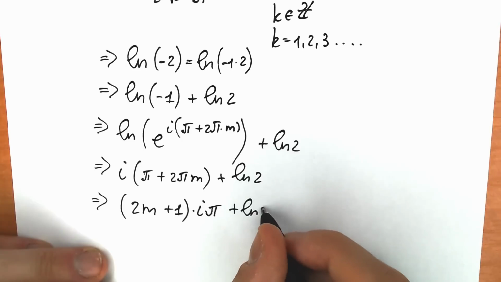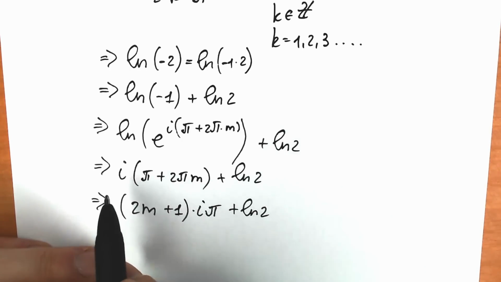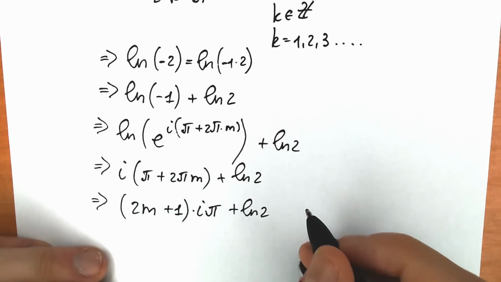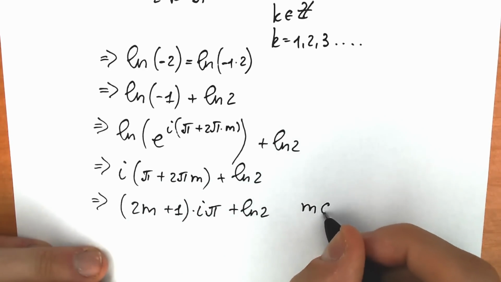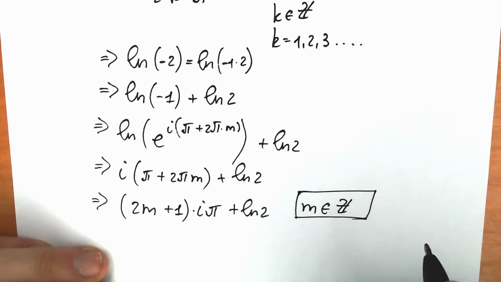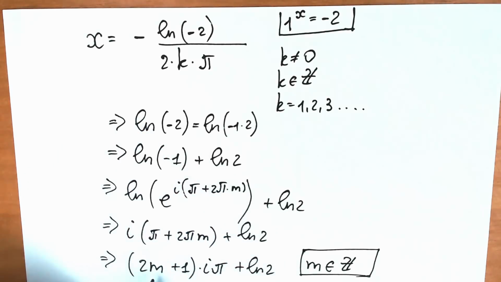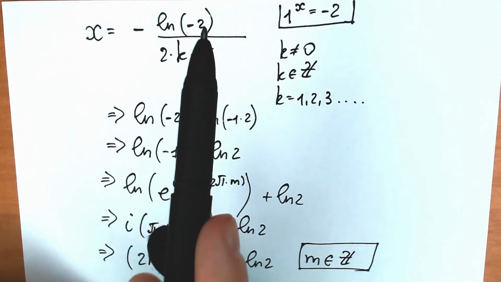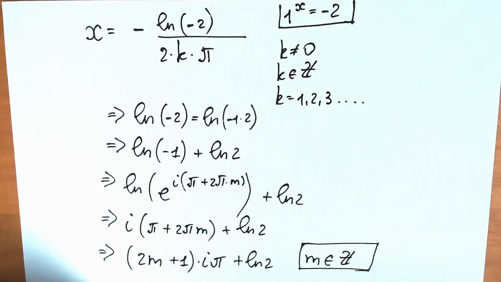So we can easily write this natural log of -2 in terms of this, but m is an integer value. Don't forget about this. So right now let's plug in this expression for natural log of -2 into our x.